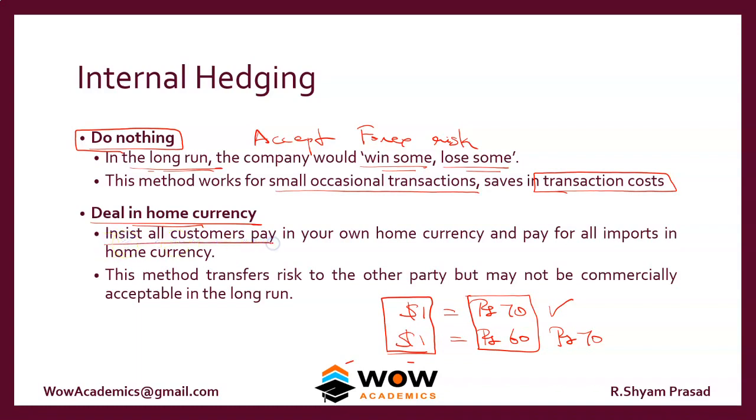Insist all customers pay in your own home currency and for all imports in home currency. This method transfers risk to the other party but may not be commercially acceptable in the long run. So only when your product and your services are so strong that the other party will be willing to pay in your home currency.